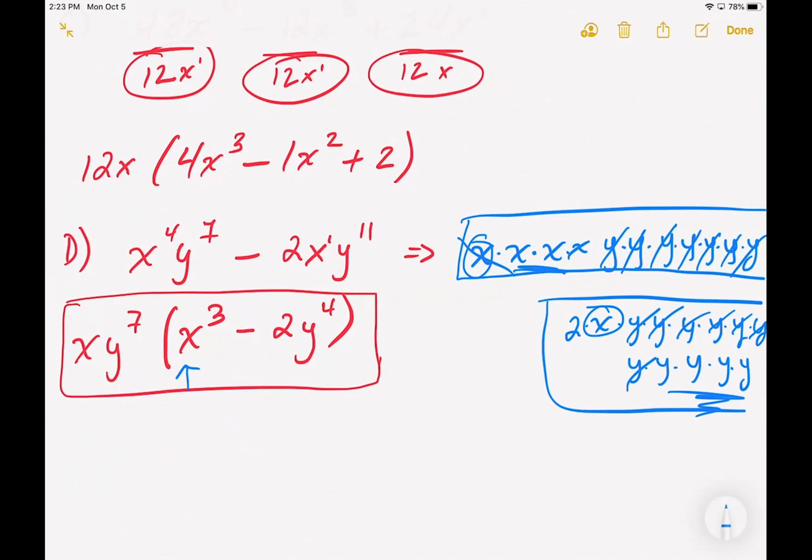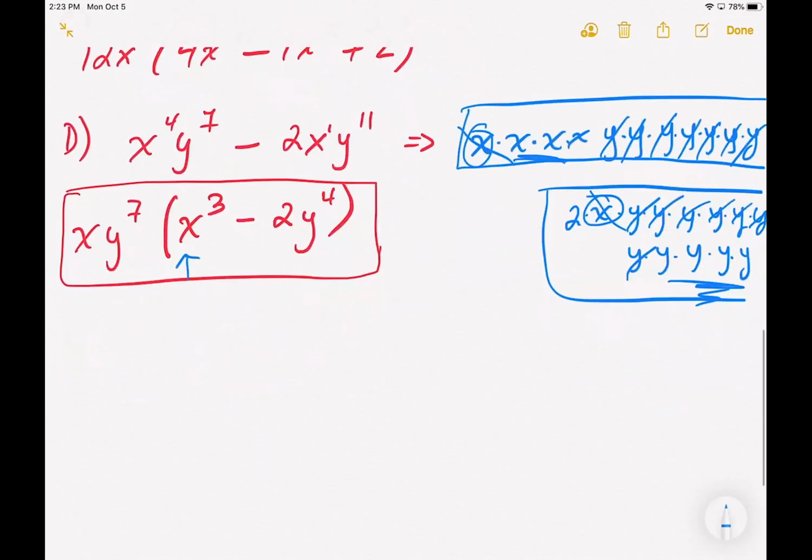And again, the 2, I haven't done anything here. And that's what factoring does, ladies and gentlemen. They ask you, what do they have in common? And whatever they have in common, all you need to do is extract it out. So that is the idea behind the GCF.